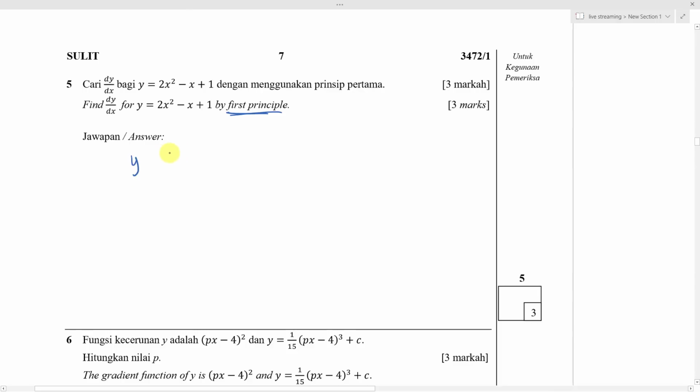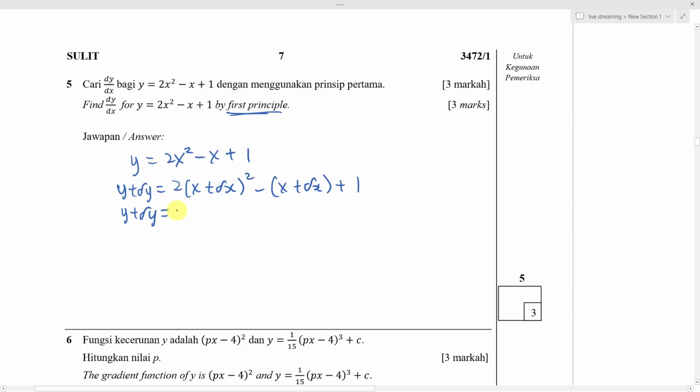So I have y equals 2x squared minus x plus 1. When I see the y, I will add the change of y, and when I see the x, I will add the change of x. This is x squared, right? So (x + change of x) squared, minus, this is x, so I add the change of x, plus 1. No matter how many x I have, all the x I will add the change of x beside it.